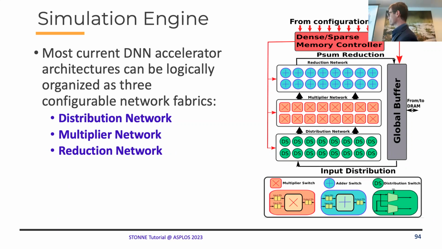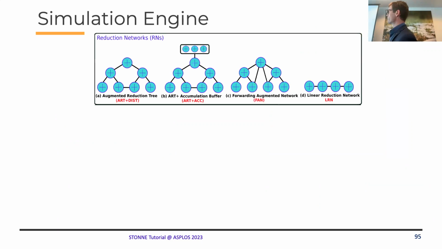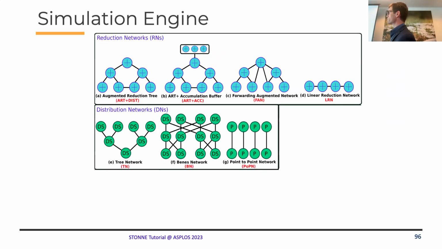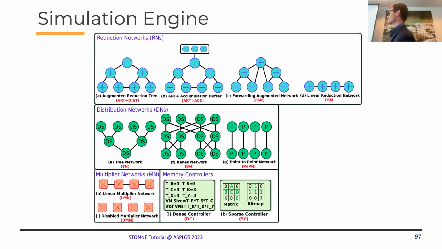This design philosophy helped us configure multiple types of reduction networks, distribution networks, and multiplier networks, and the memory controllers we were discussing earlier. If you implement dense controllers or sparse controllers, we could implement CSR, CSC, bitmap, etc., as an extension to incorporate these compression formats.